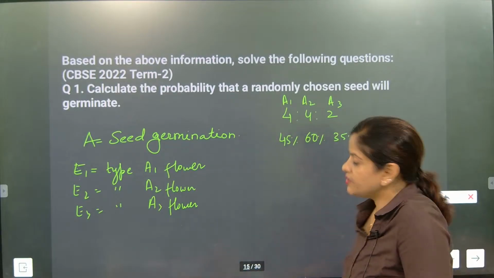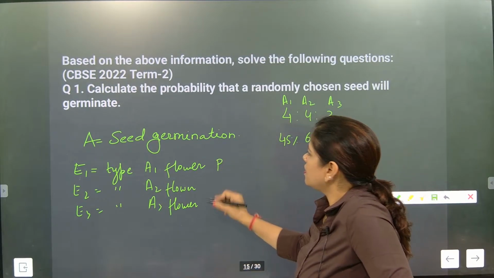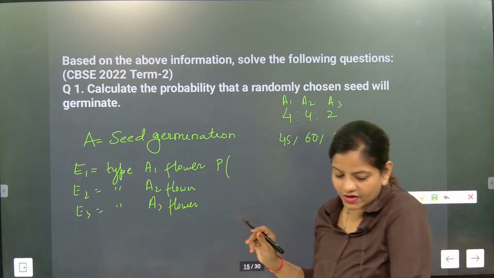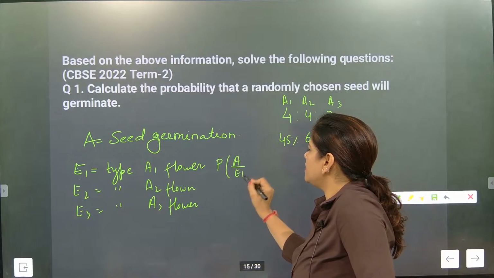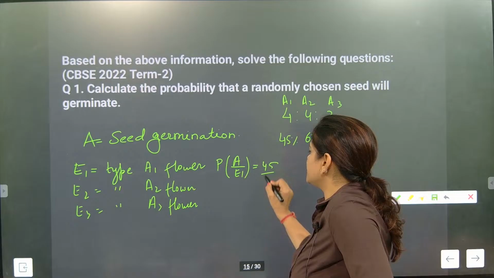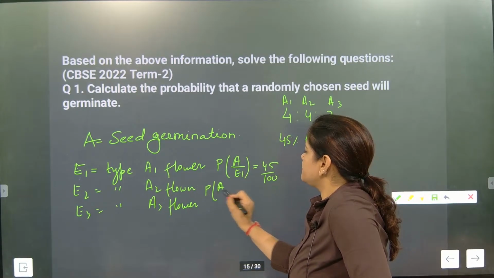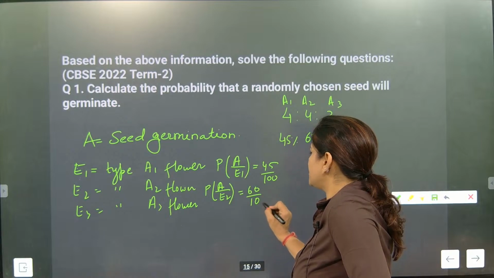Now what they have given is 45%. Check this out, beta. When they talk about E1, that is A by E1, the probability of germination for type E1: how much percentage have they given? 45%, so 45 by 100. For E2, how much percentage? 60% is given.